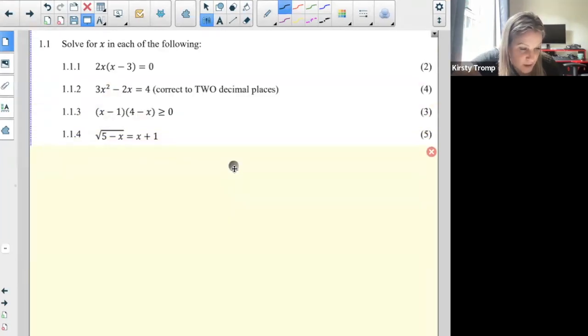When you hit your algebra, it's always good to remember that they're going to give you a variety of different algebra questions, but it's good to identify which ones they're asking us for here. Now in grade 11, they've taught us some different skills this year.